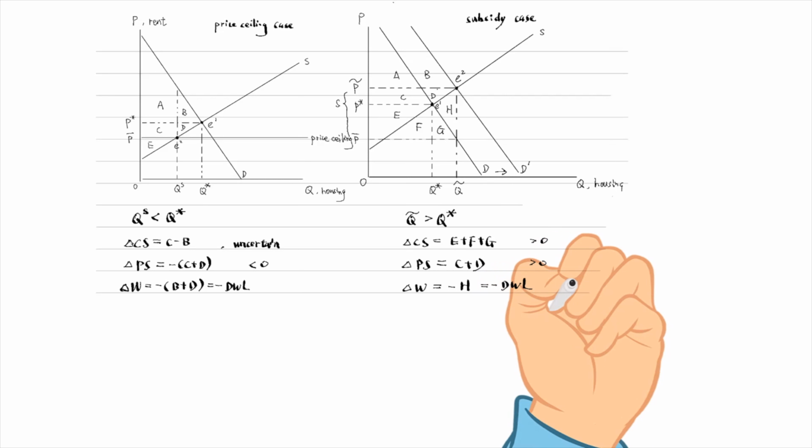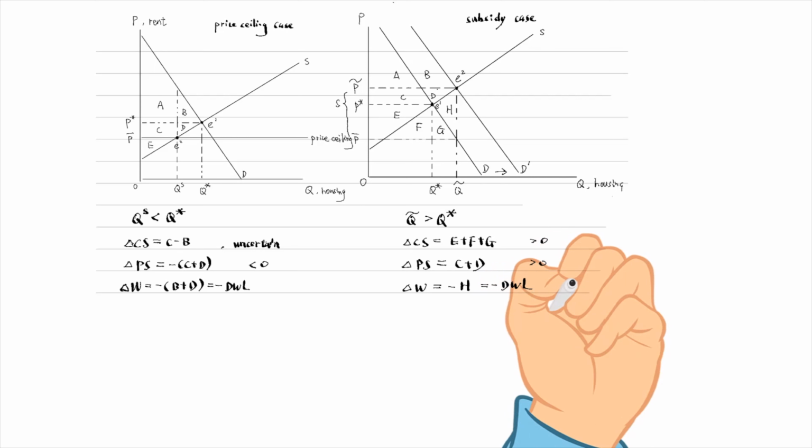We find that the deadweight loss of the price ceiling policy is the triangle wedge to the left of the initial equilibrium E1, and the deadweight loss of the subsidy policy is the triangle wedge to the right of the initial equilibrium.